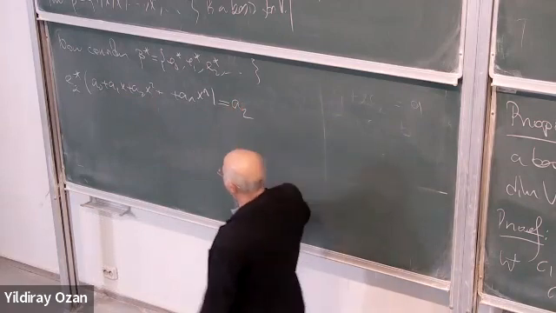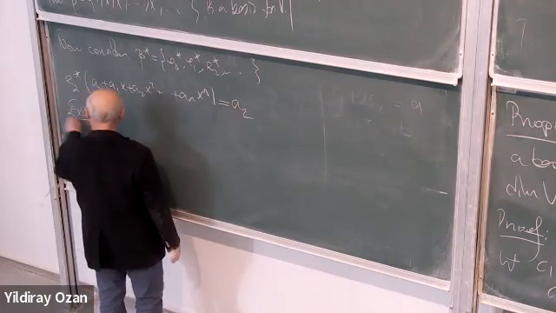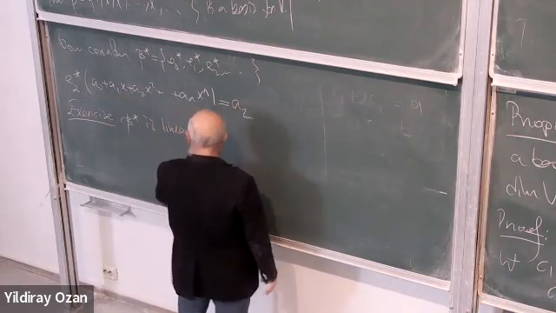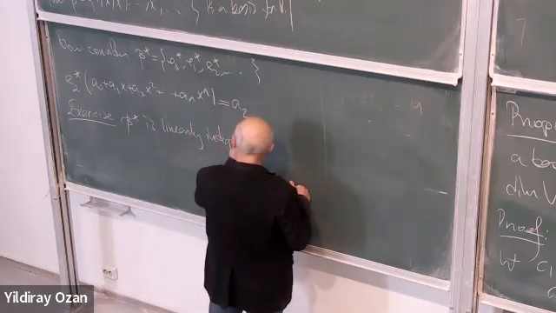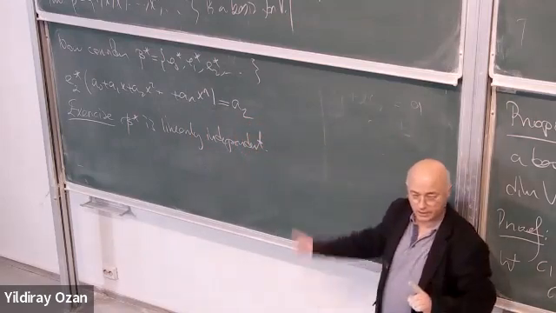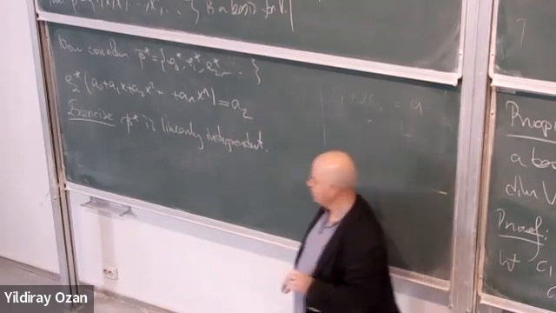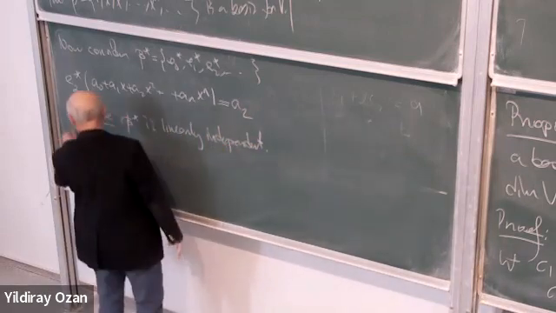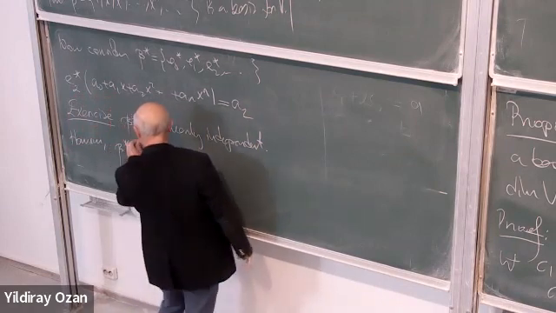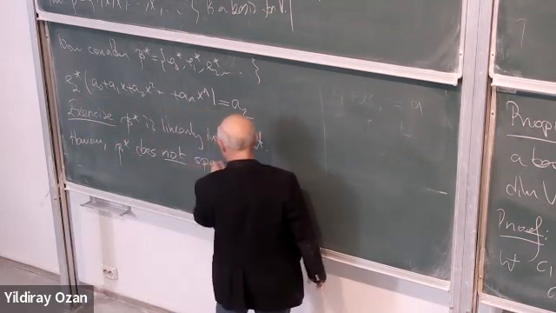These are linearly independent, so let me do it as an exercise. This dual set is linearly independent. That's not the problem. The problem is that this set doesn't span V star. However, it does not span this space.